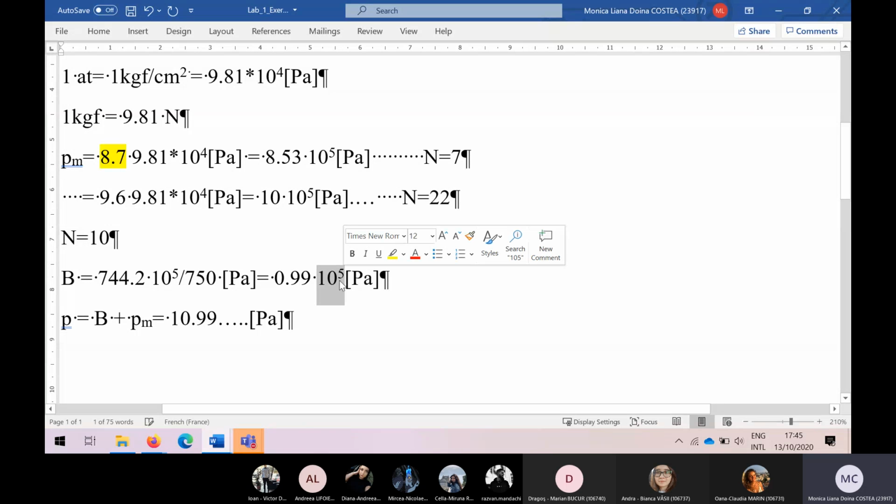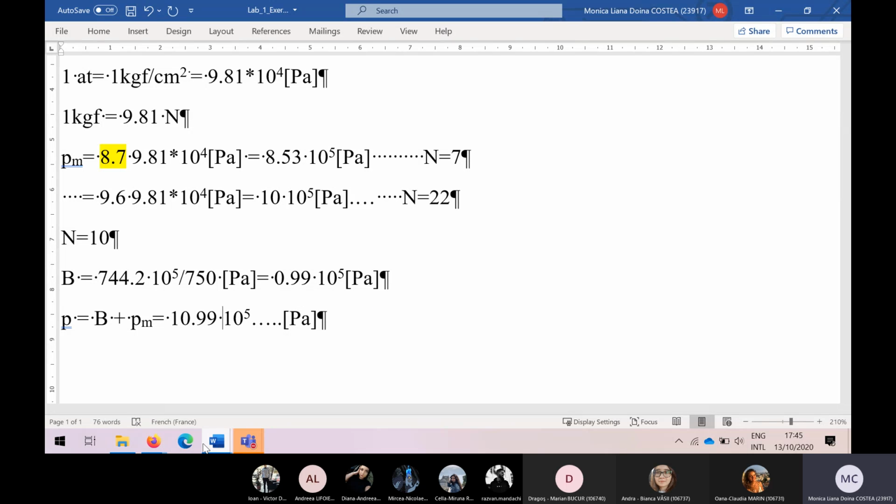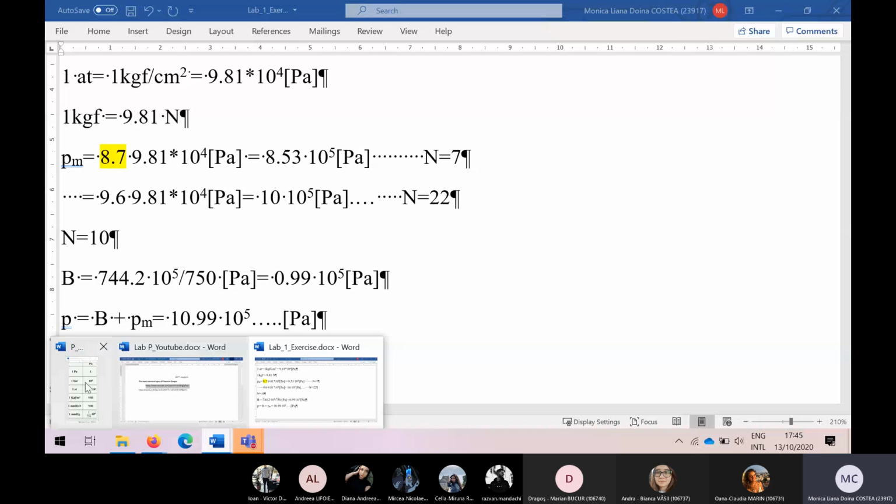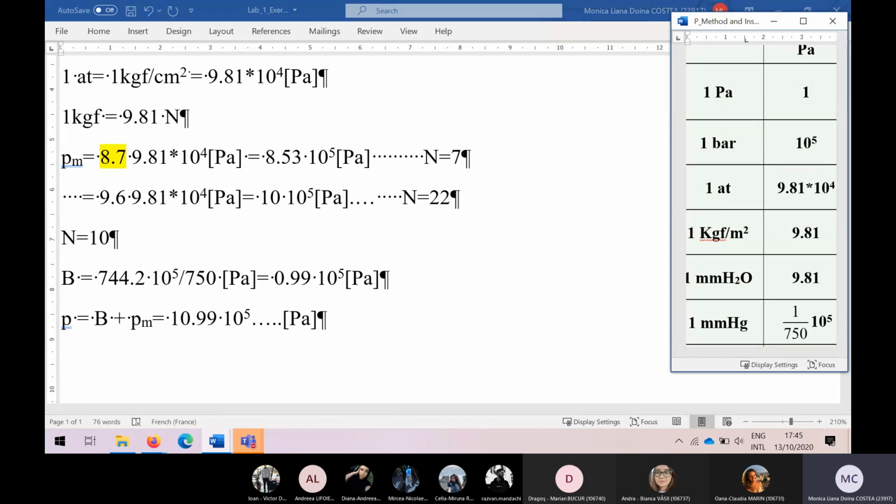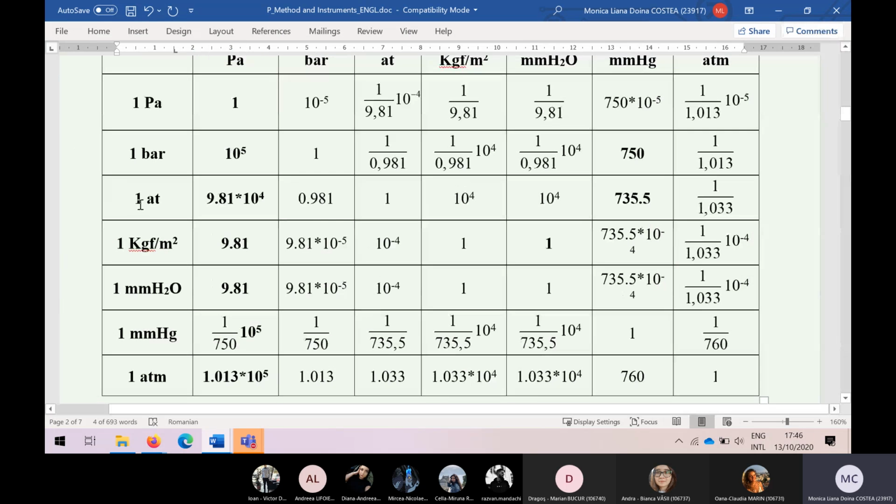Okay. Now what you have to do is to pass this value using the table or as you want, it doesn't matter, or directly using this column of passage. For example, you may pass the technical atmosphere into millimeter mercury column.